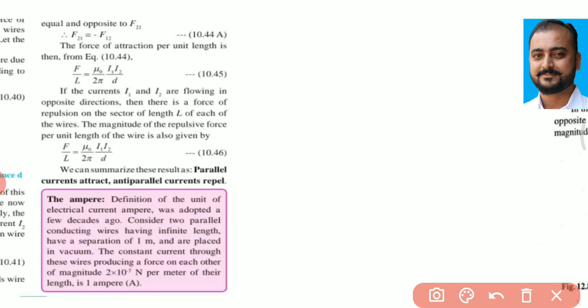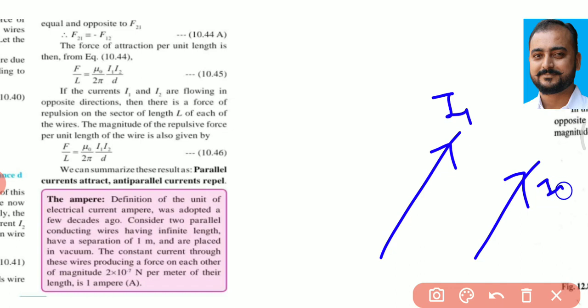For that you have to consider two long straight parallel conductors carrying currents I1 and I2, separated by a distance, say D. Remember, these two conductors are kept parallel, carrying currents I1 and I2 respectively.